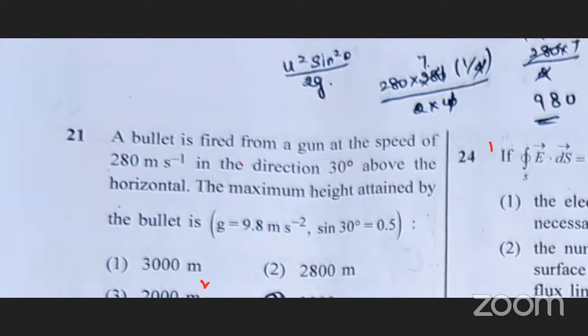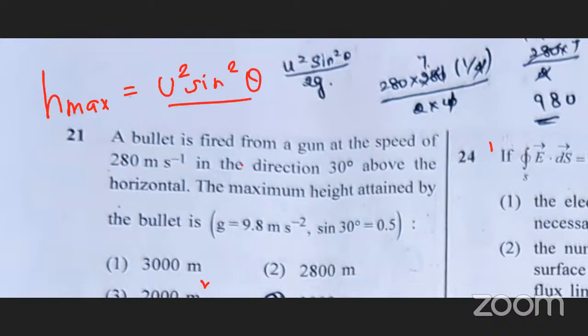We know the formula for the projectile. H max, the maximum height for the projectile, is equal to u square sine square theta divided by 2g. You should take the g value as 9.8 meter per second square, and the sine 30 value is 0.5. The initial velocity u is given, it's 280 meter per second.